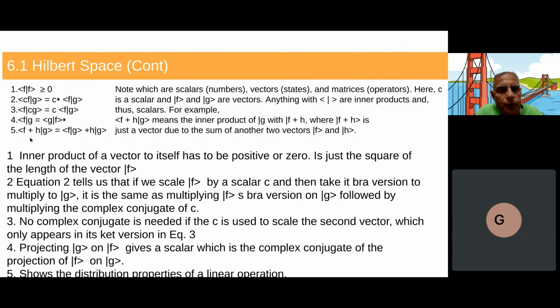That means the ket of F plus H, with the other term being G, because your dot product space is F plus H. So when you say F plus H, we can split it into F into G and H into G. Basically, that's what we are doing in this case. We have to remember what is scalar and what is vector. F and G are vectors, and that's the reason for this.